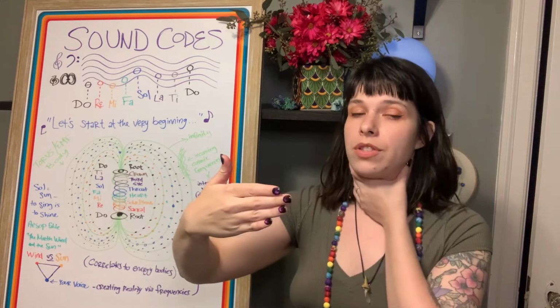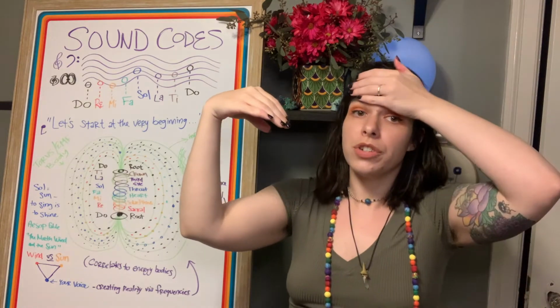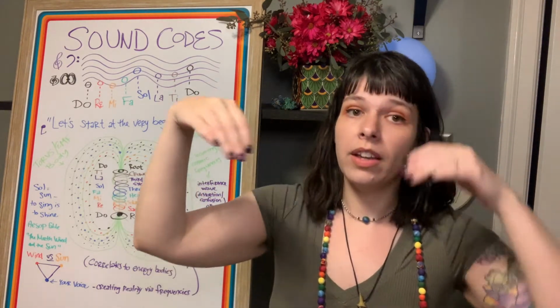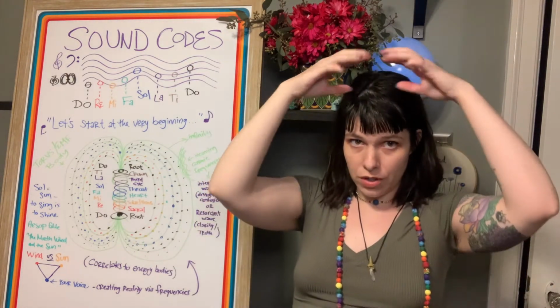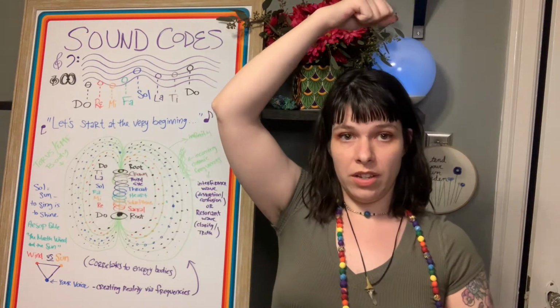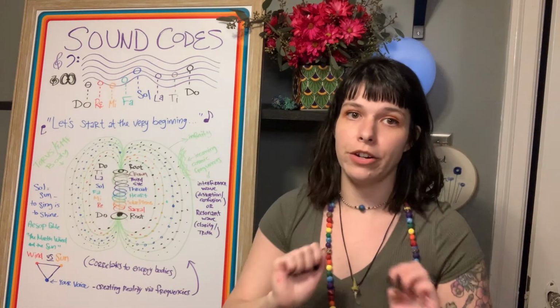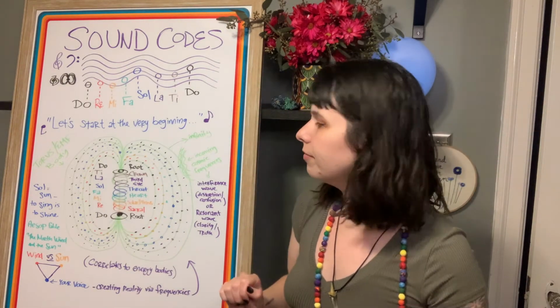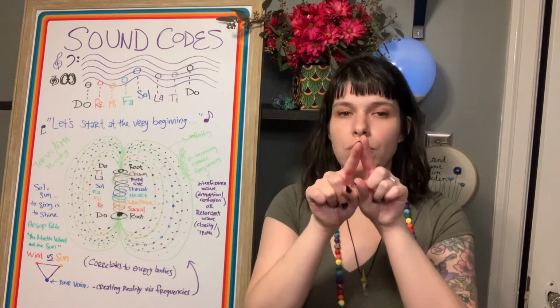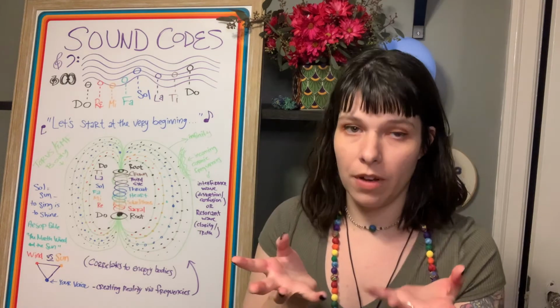Sol, which is the throat. La, which is the third eye. Ti, which is the crown. And Do, which is the top of the energy field, which connects back down to the Do, the root at the bottom of the energy field.